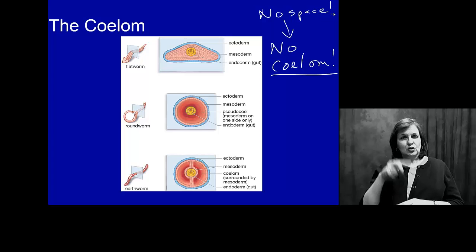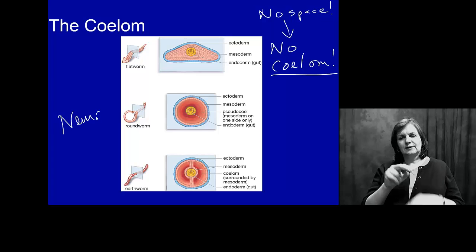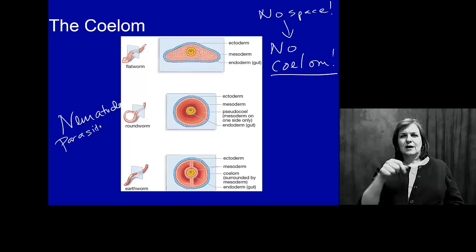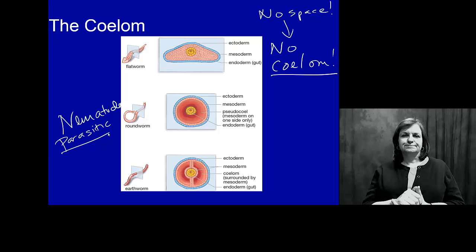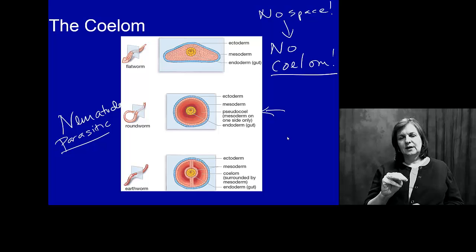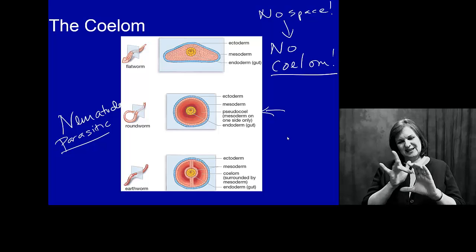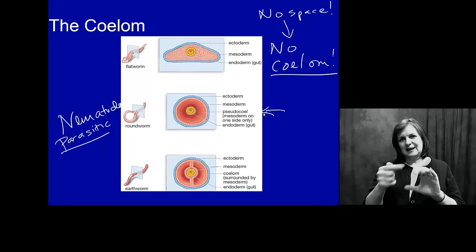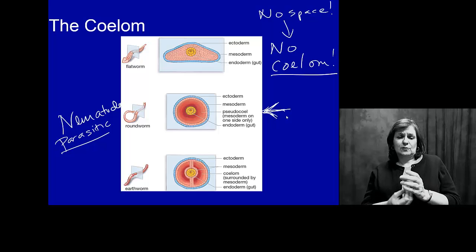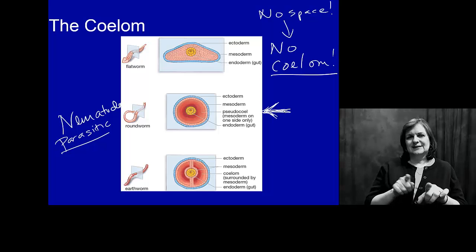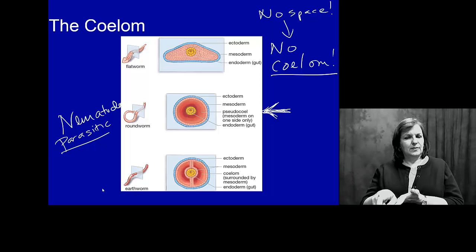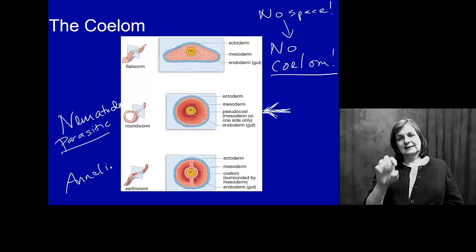But if we look at our roundworm, these are also known as nematodes. We often look at them as being parasitic. They start to get this pseudocoelom that I mentioned to you. So there's a space, but it's not going to be lined completely, meaning that they can have some organs starting to form in this space, but they're not going to have the same organ structures as if you look down here at the earthworm, which falls into our annelid category.